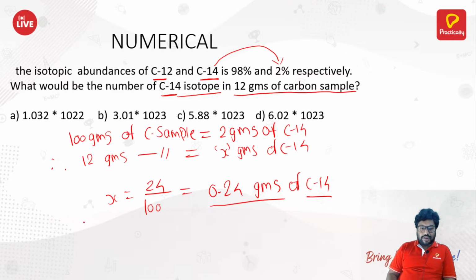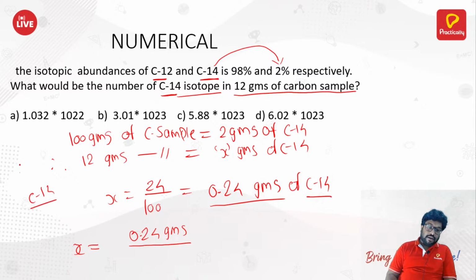Now this 0.24 grams is your amount of C14. So amount of C14 is 0.24 grams divided by what? What are you going to divide by for C14 now?